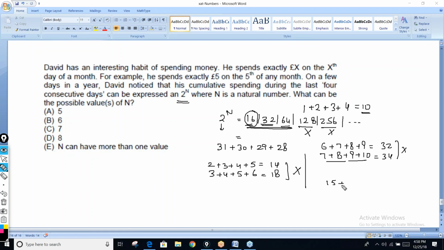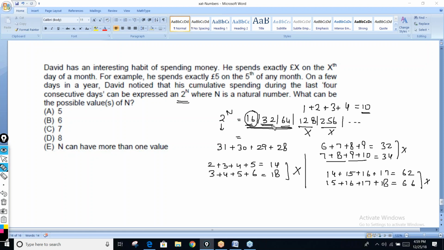So let's say 15, 16, 17, and 18. So that is 16.5 is the average. 16.5 into 4 comes out to be 66. If I take the lesser value, then this answer will be 62. So again, it seems this is also not possible.